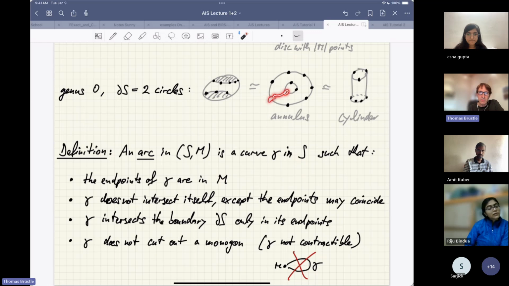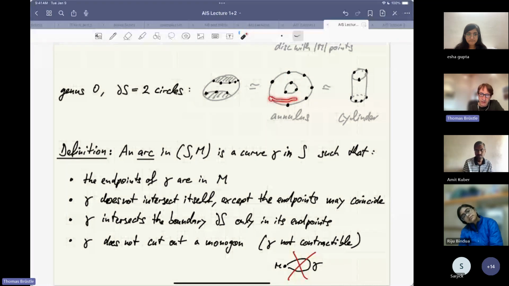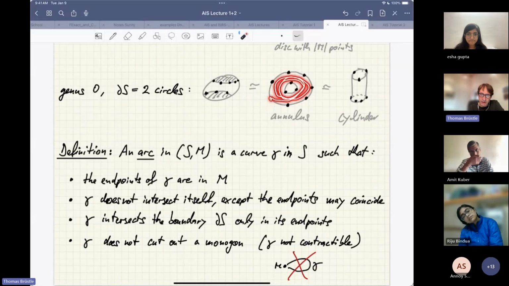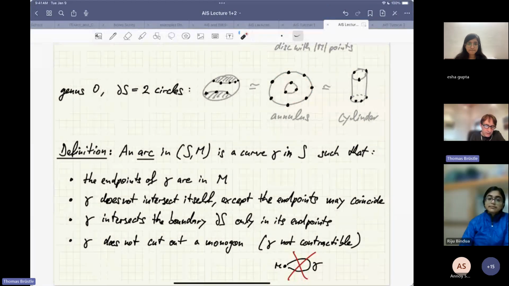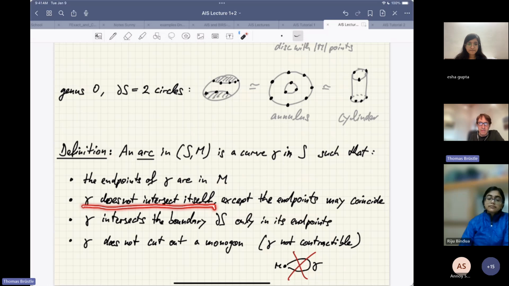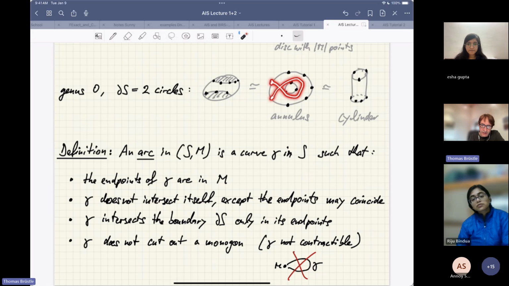So I can go from here to here. I can go between two marked points. I could go from here around to this marked point. I can go from here a million times around and then I end in that marked point. All these are good arcs as long as they do not intersect themselves. So something starting here and intersecting itself and going back there is not an arc.